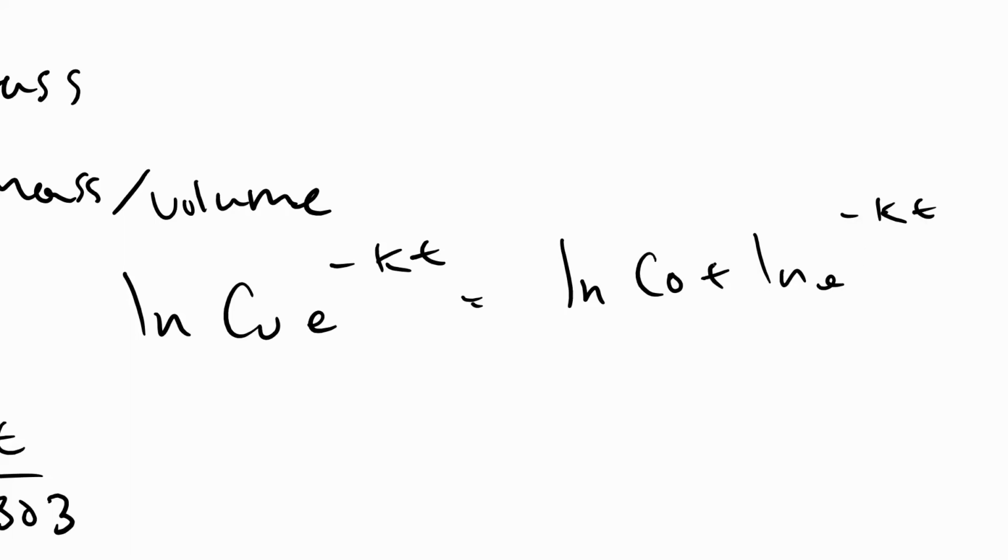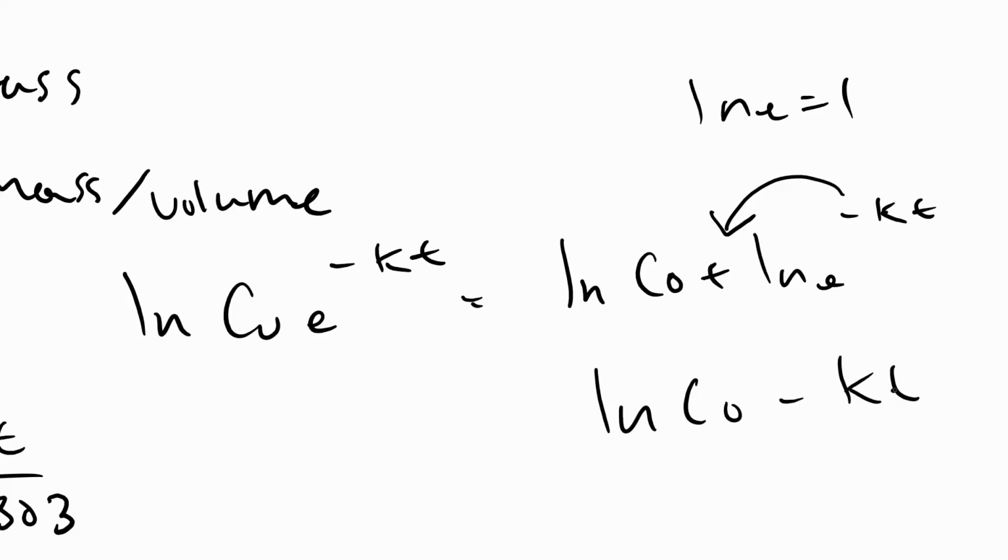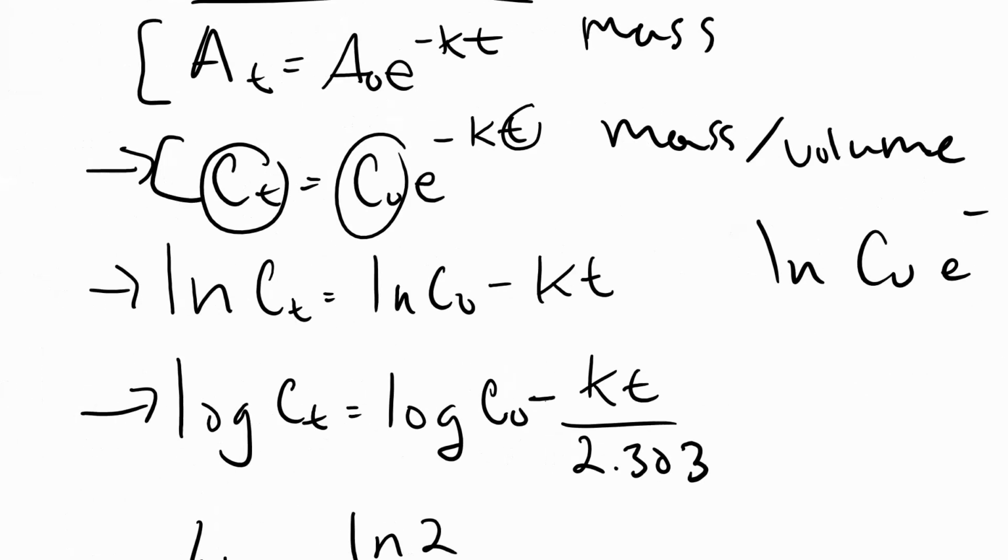And that's going to be plus because they're multiplied together. And then for natural log, you can bring down the exponent, and natural log of e is equal to 1. So really you're just bringing down what the exponent is, so you're left with natural log of C0 minus KT because of the minus here. And that's how you do that.